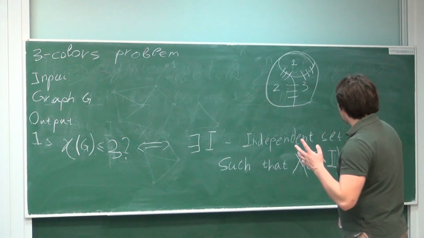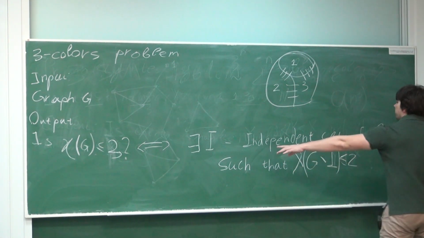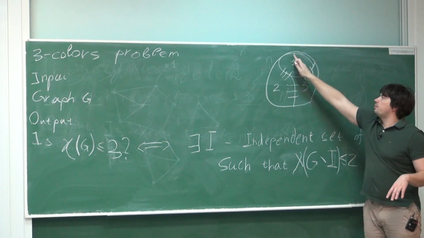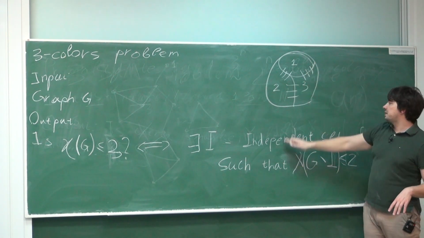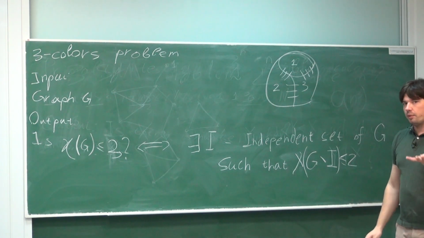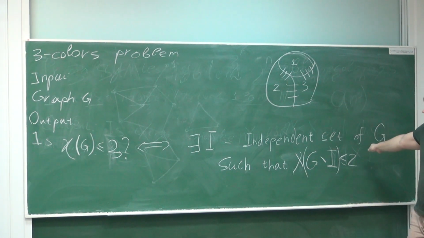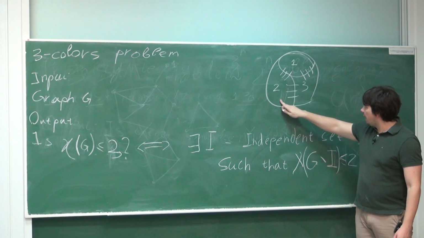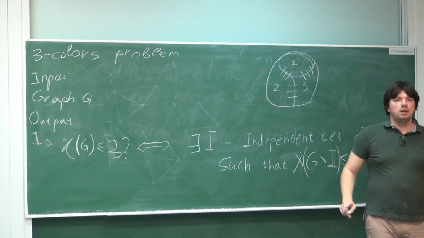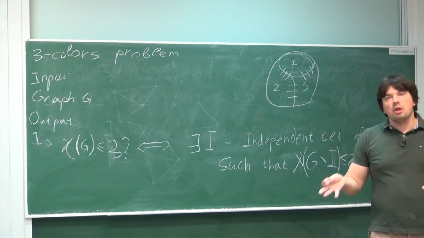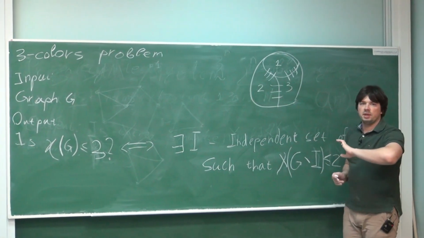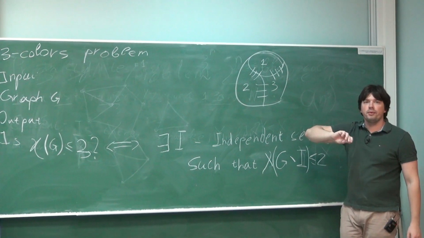So if I can find an independent set, suppose we take the independent set that forms the first color in the proper coloring of my graph, then the rest of the graph obviously is 2 colorable, right? So we can color this part with color 2 and this part with color 3.